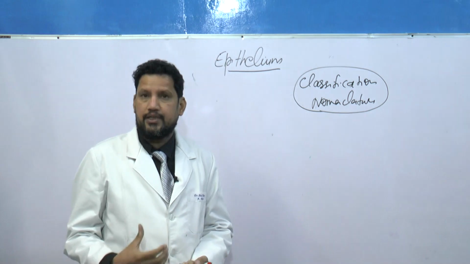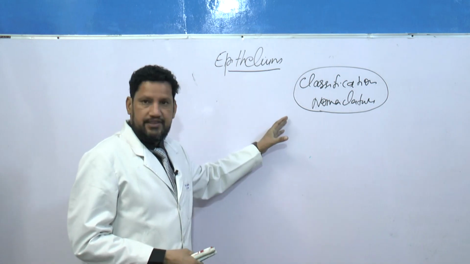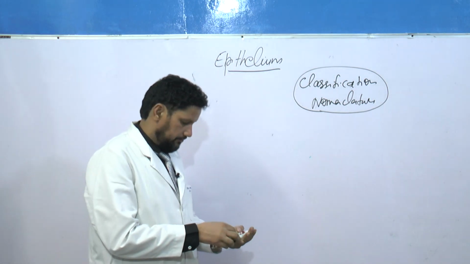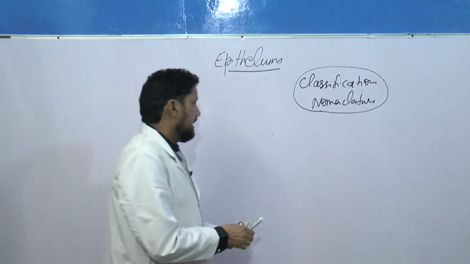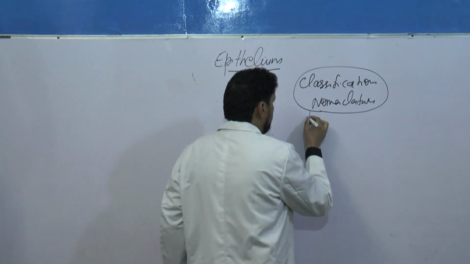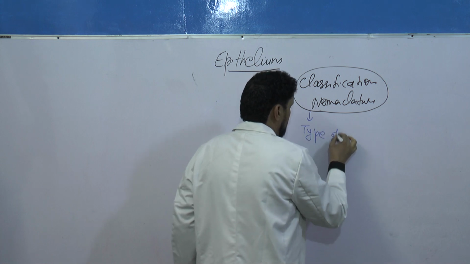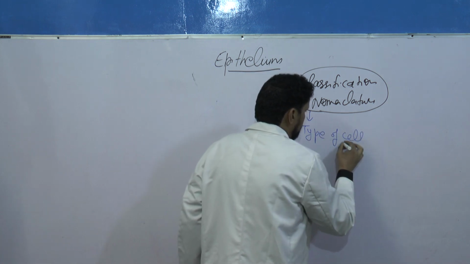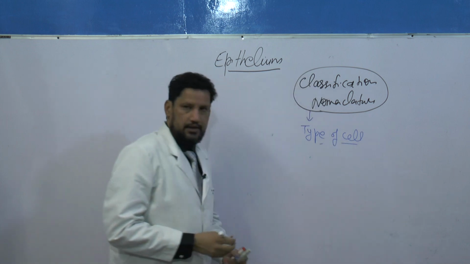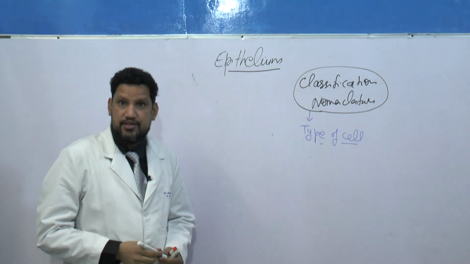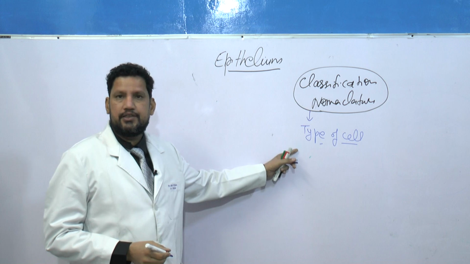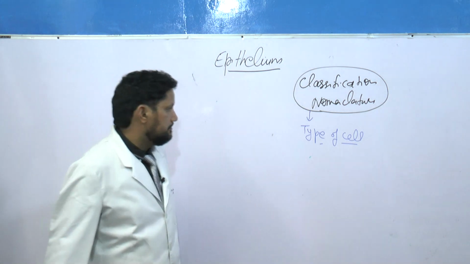So how do we decide the type of the cell? This criteria is based on the 2D dimension of the cell.